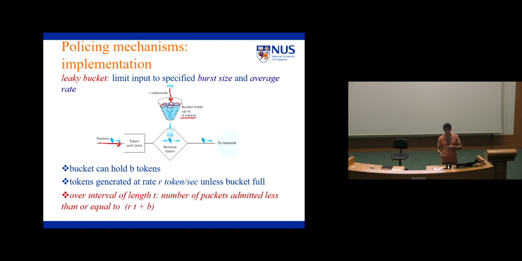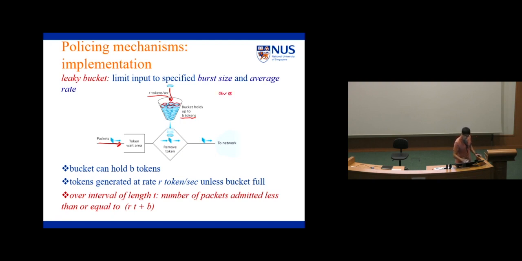I will have no tokens in the bucket eventually, just like my guides will be all consumed if too many customers arrive. And I only get R tokens per second, which will be equivalent to the rate of packets I serve. That I can serve only R packets per second in the long run.